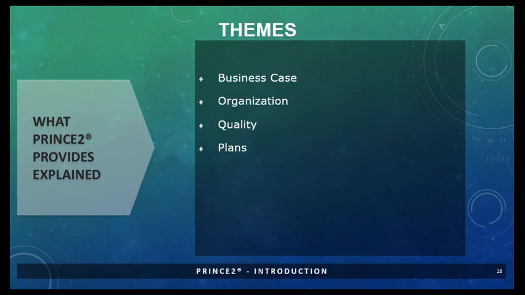So the plan theme actually complements the quality theme by describing the steps required to develop these plans, and also explains the different techniques that should be applied. In Prince2, the plans are matched to the needs of the personnel at various levels of the organization.